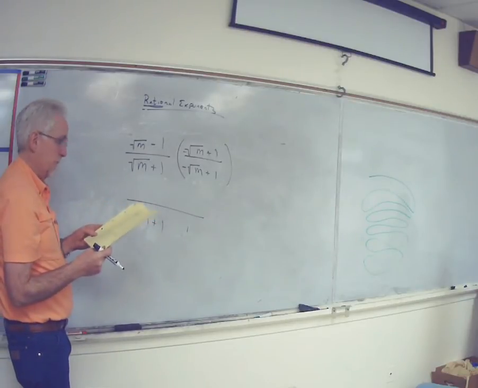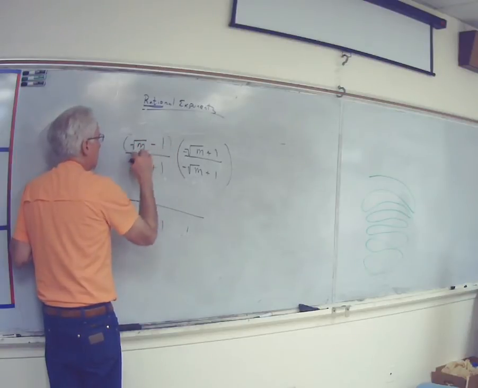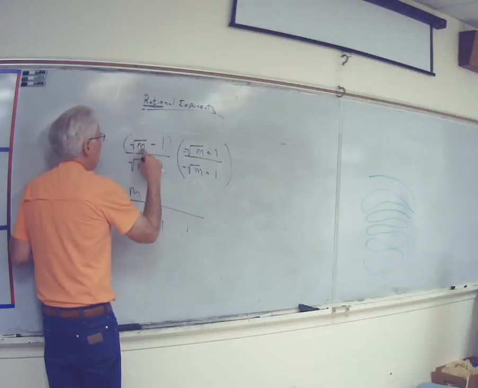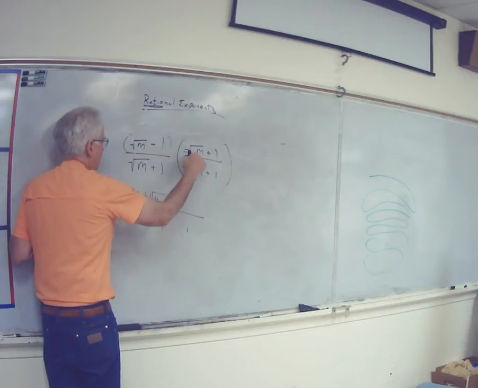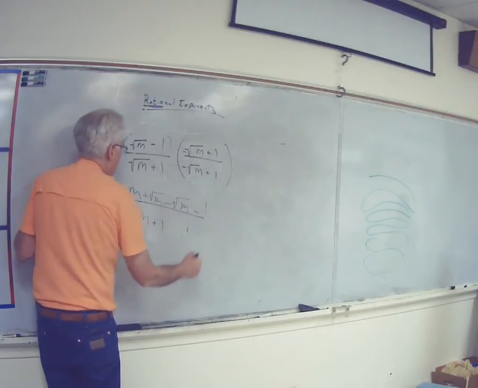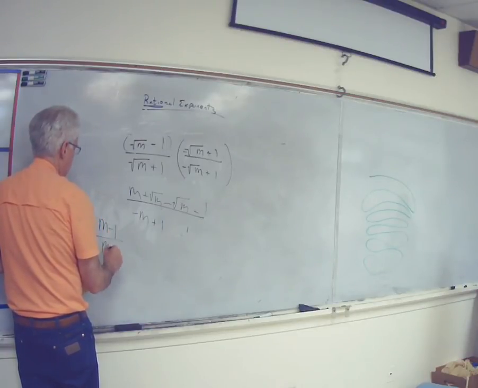Up here, I'm FOILing: the square root of m times the square root of m is m, then plus the square root of m, then minus the square root of m, and then minus 1.